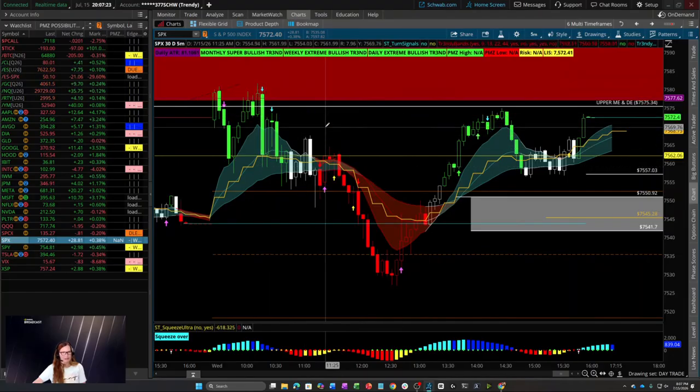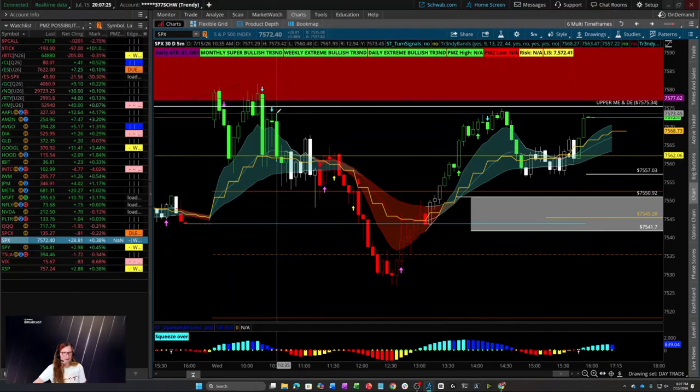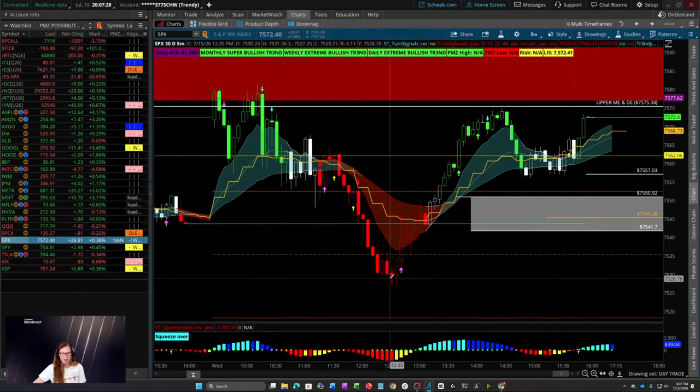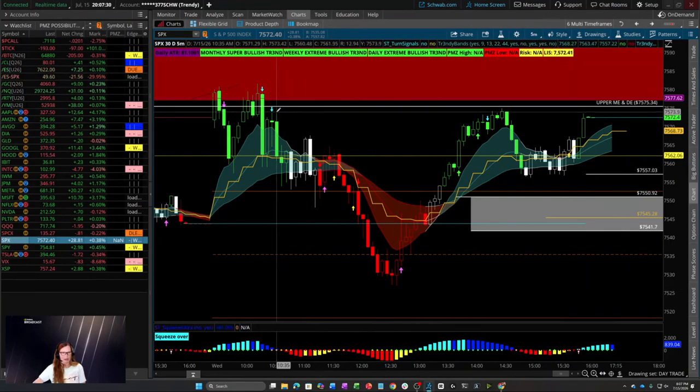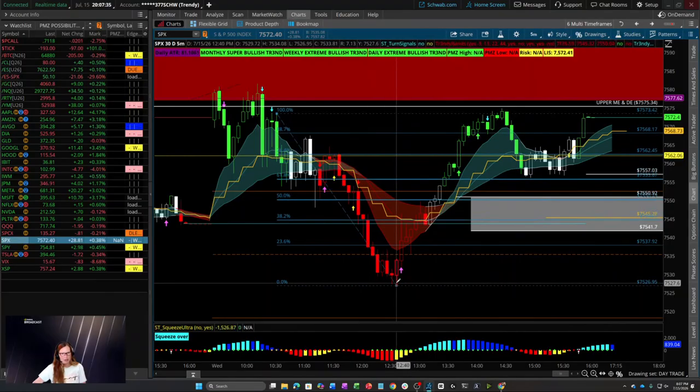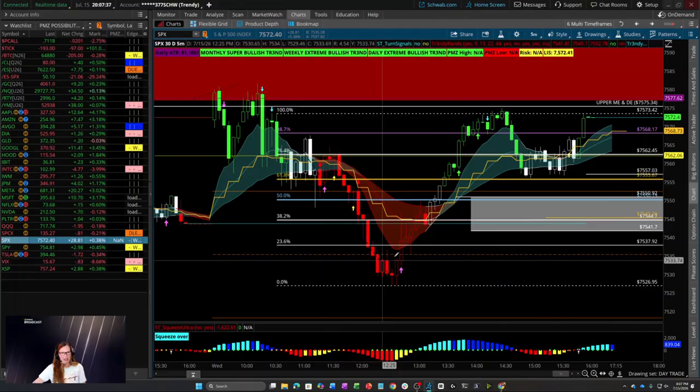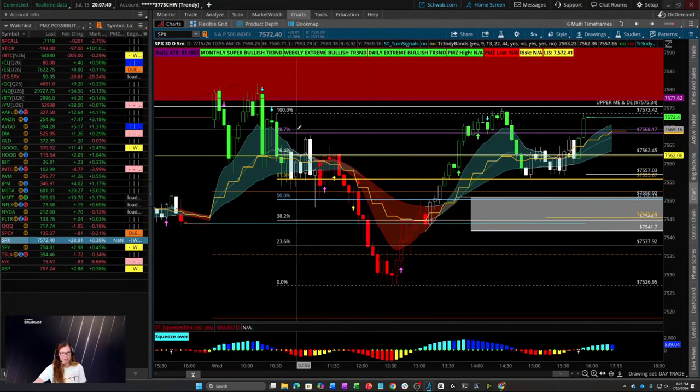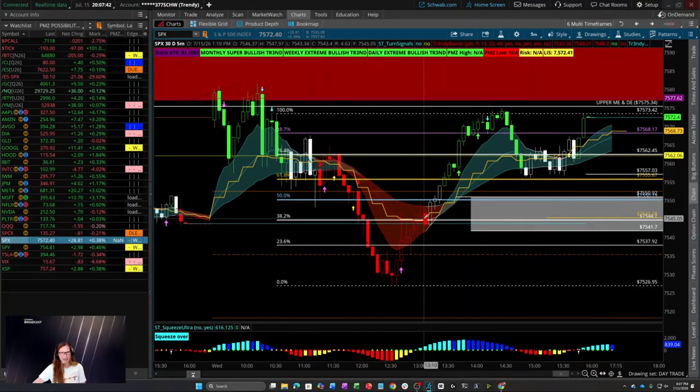Let's say that you're in the trade from here and you catch this big move right here. You're in a runner type position. I want to stay in as long as the 38.2 holds as resistance and I get out on the candle that closes above the 38.2.